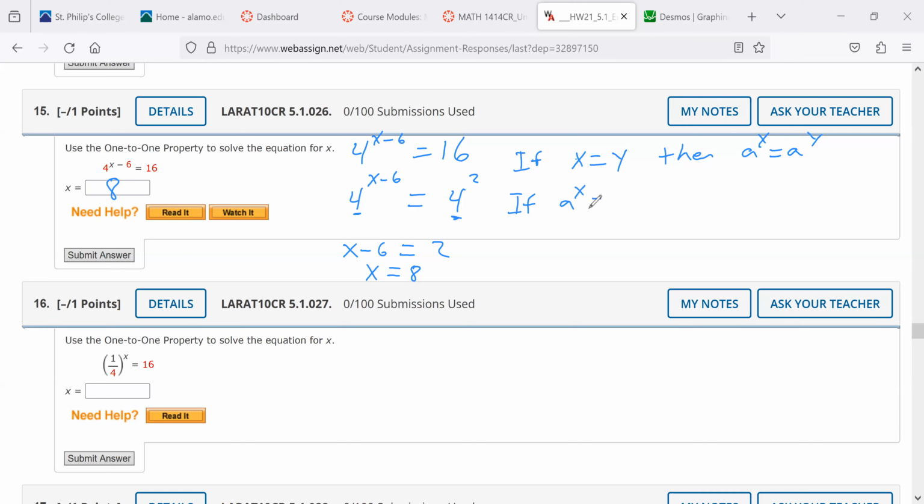But if I have two exponent expressions like this, and the bases are the same, then I can set the powers equal to each other. So use the one that helps you, right? And in these examples we're using the second one. So I'm breaking the if and only if statement into two separate if-then statements.